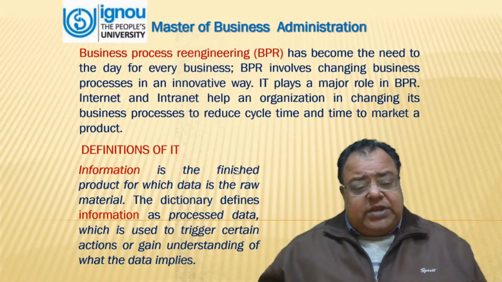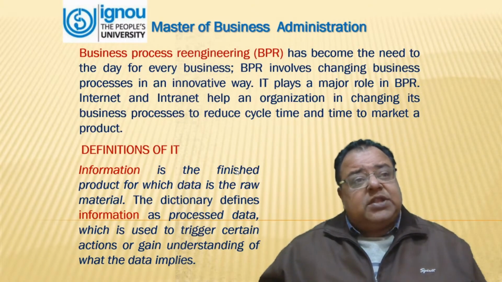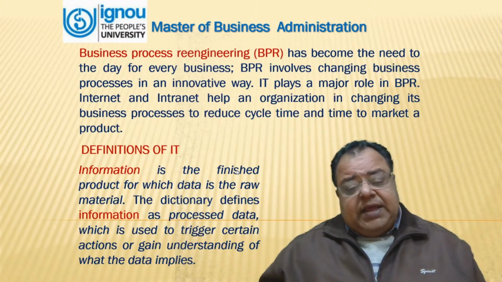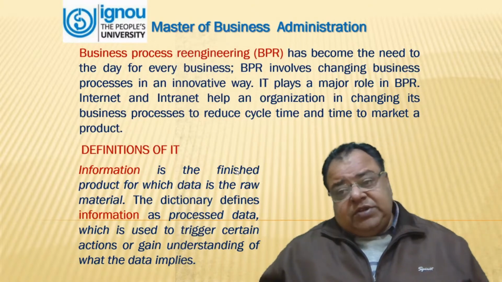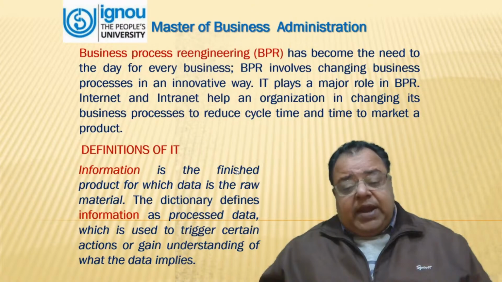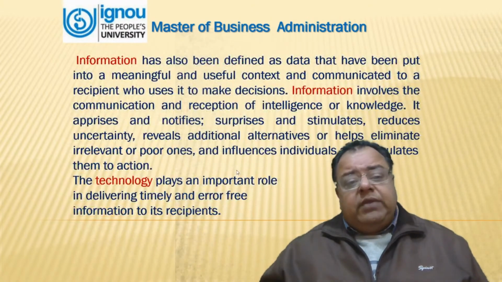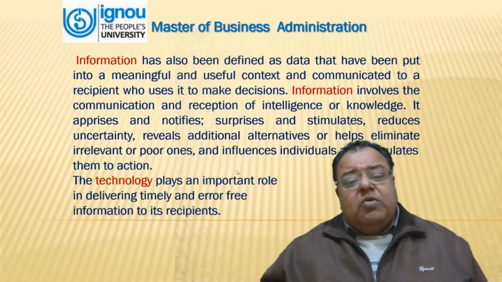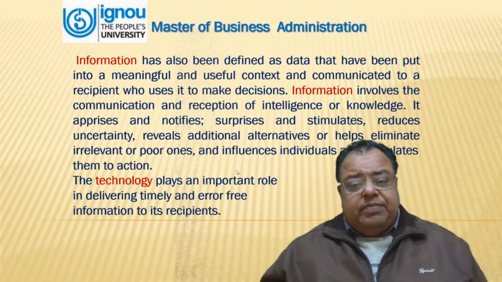Information is the finished product for which data is the raw material. The dictionary defines information as processed data, which is used to trigger certain action or gain understanding of what the data implies. Information has also been defined as data that have been put into a meaningful and useful context and communicated to a recipient who uses it to make decisions.